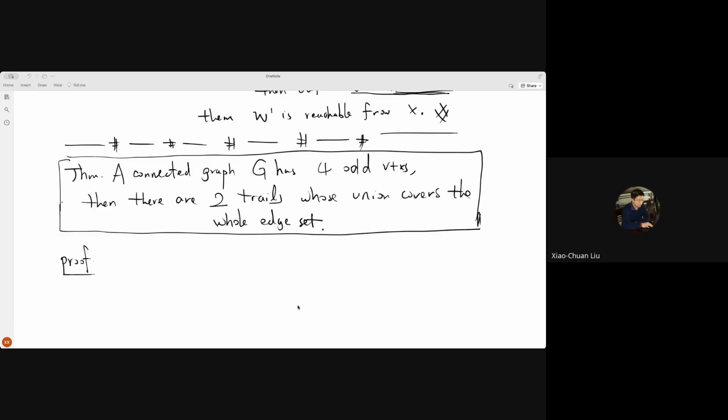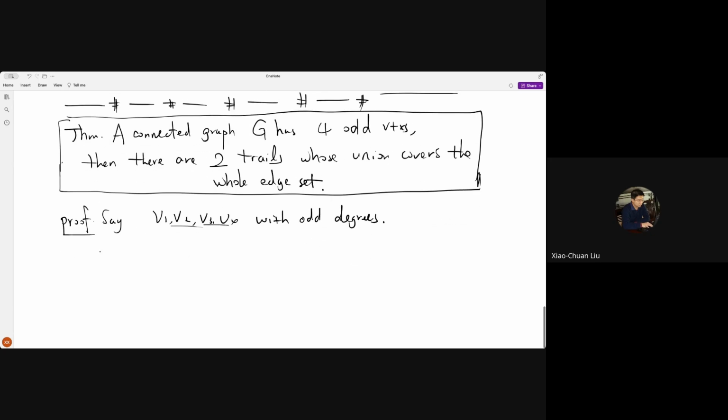So I'll just write down the proof. Say we have four vertices v1, v2, v3, v4. In general we can write 2k vertices with odd degrees. I just want to remind you of the technique we already used. We add two edges.